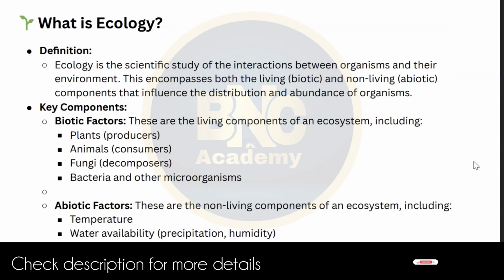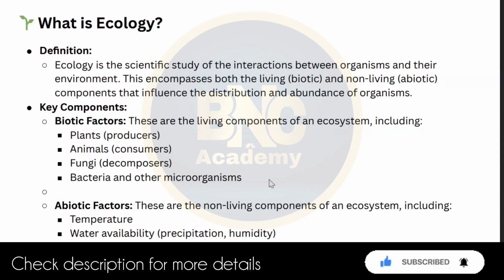Interactions and interdependence. At its heart, ecology emphasizes the interconnectedness of all things. A predator depends on its prey, which in turn depends on plants, which rely on sunlight, water, and soil.